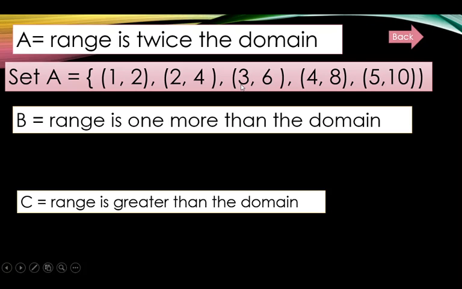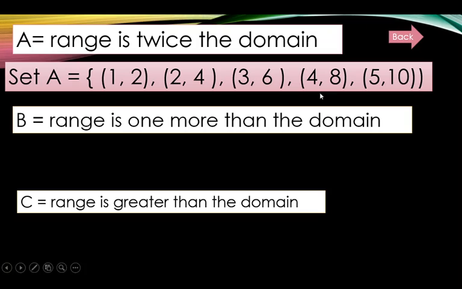The domain is 3, and twice 3 is 6. That is the range. (4, 8). The domain is 4, and then 8 is the range, which is twice the domain. And finally, we have (5, 10). So 5 is the domain, and twice 5 is 10. That is the range. So for set A, we have the answer.